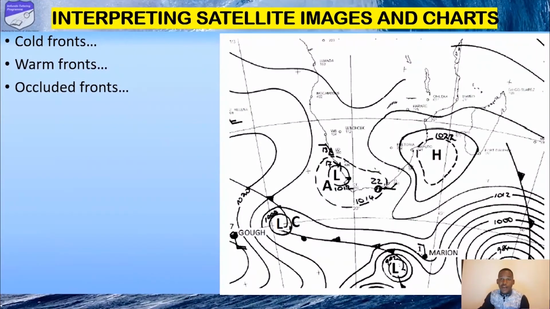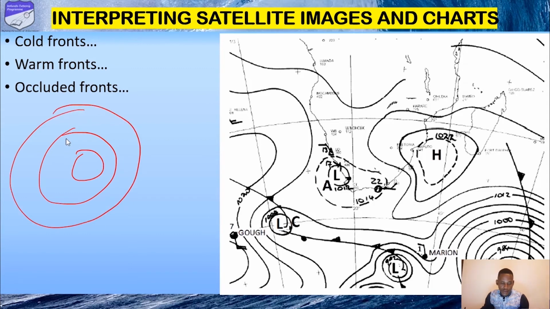Right, so guys, let's look at our next slide, which is about how to interpret satellite images and charts or synoptic weather maps. Now, I'm going to be honest, I'm not going to dwell more on this one because it would be time consuming, okay? But anyways, I'm just going to give you a heads up on that. Sometimes they'll bring this synoptic weather map, and it's going to have a mid-latitude cyclone.